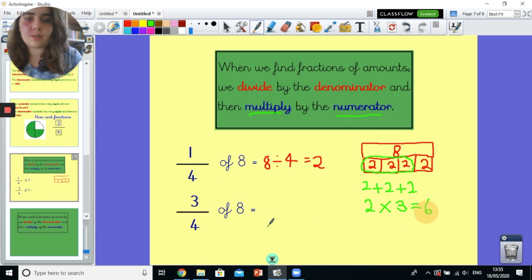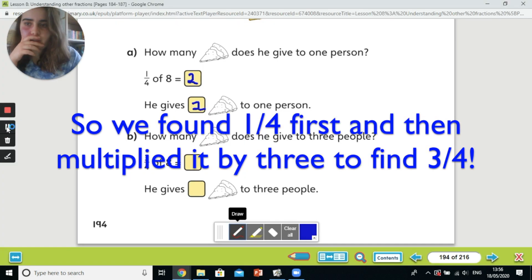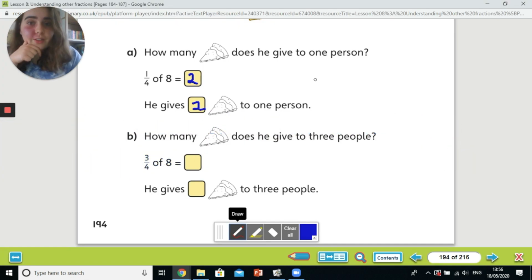So 3/4 of 8 is equal to 6. So let's go back to our original question. How many pieces of pizza does he give to 3 people? He gives 6 pieces of pizza to 3 people. 3/4 of 8 is 6.